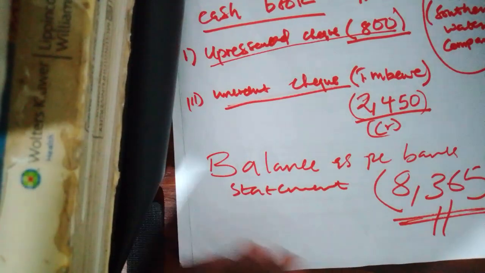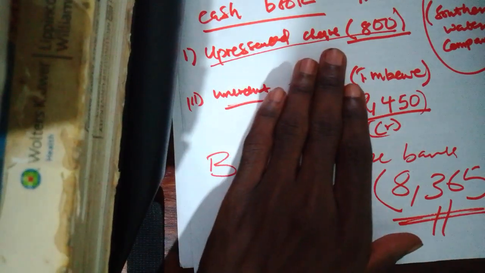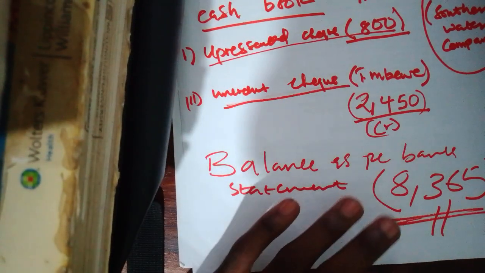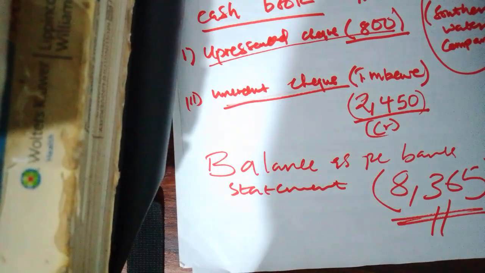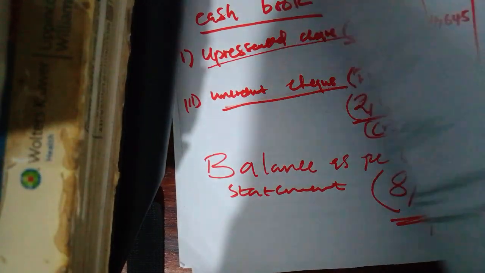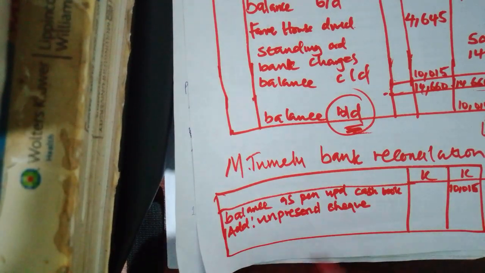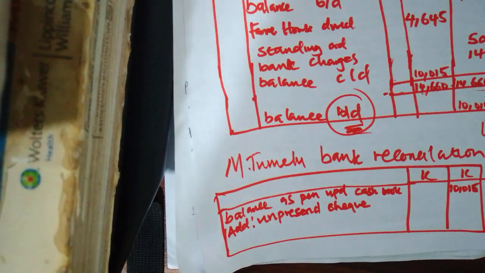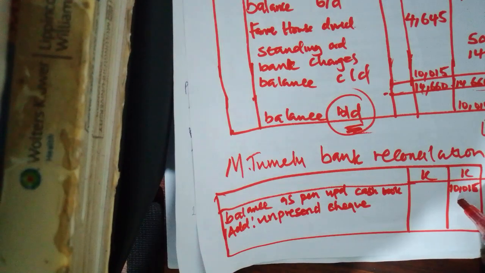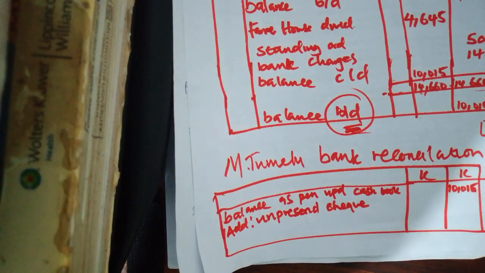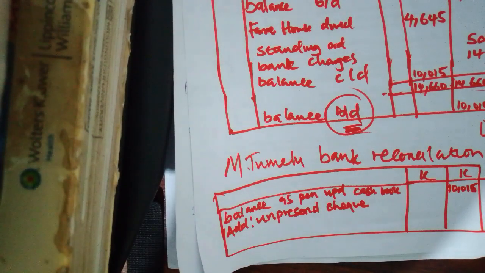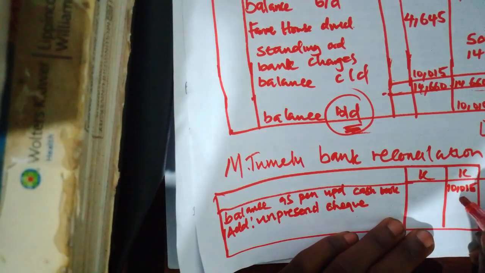Unpresented checks in the cash book were debited, so in the bank we should credit, meaning we add to this credit amount. Since this is the credit amount, you have to add unpresented checks. So you say 800.